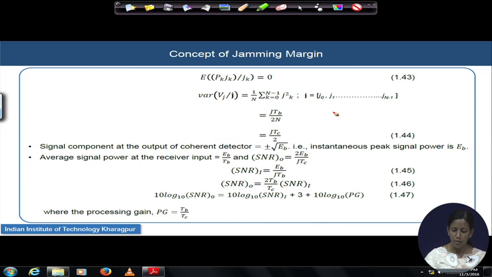See, here we understood that J, the total jamming power, will be equal to summation k is equal to 0 to n minus 1 jk square, and it will also have a power of 2 associated with it.